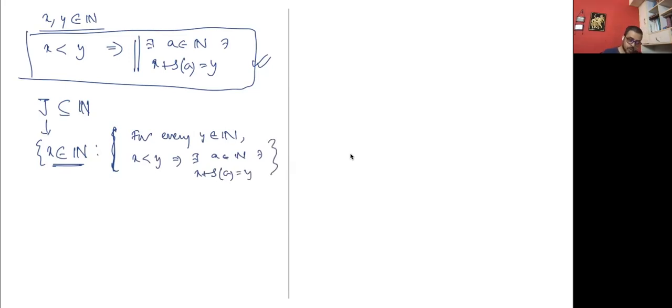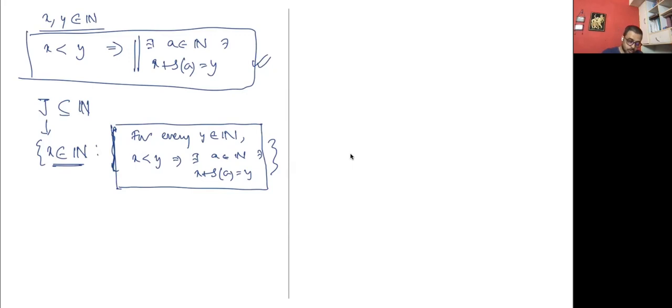So this is your set J. This is just a subset of N, the way you have defined it. You take each element of N, then you verify whether this condition holds for that element x. If this is true, you include it in your set. If it doesn't, then you don't.